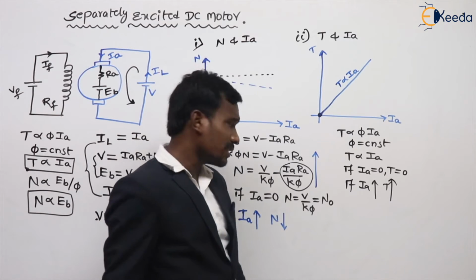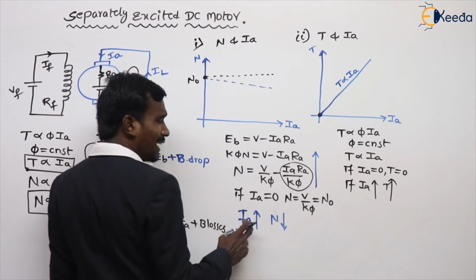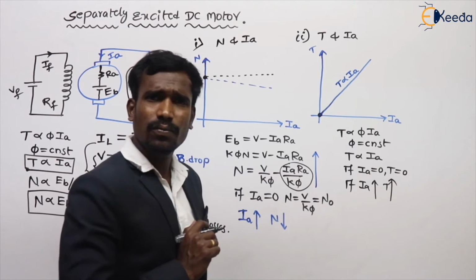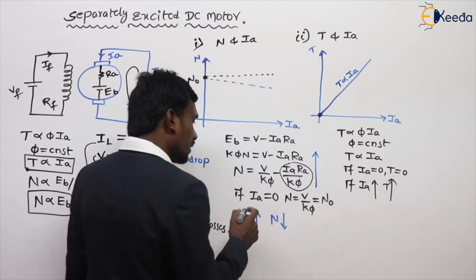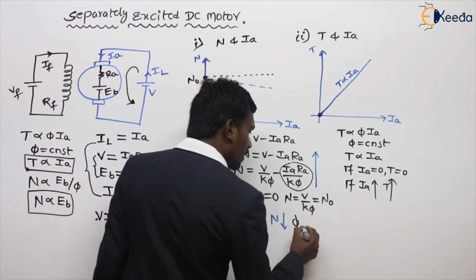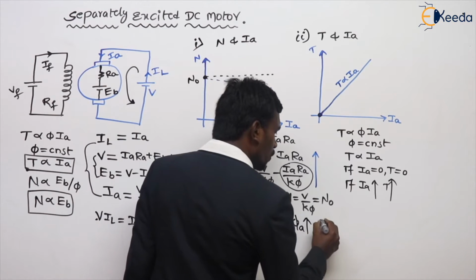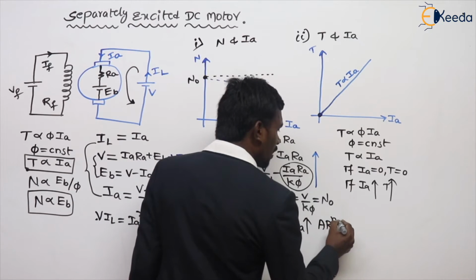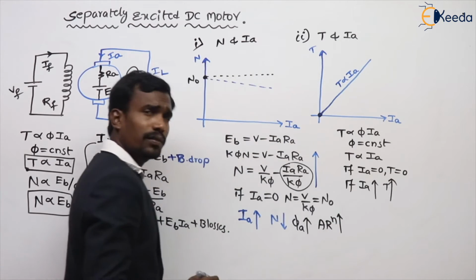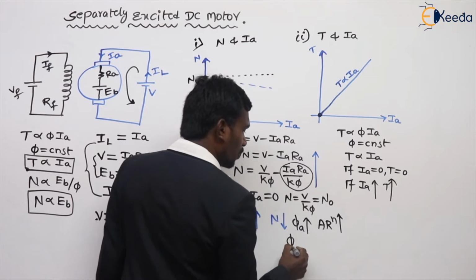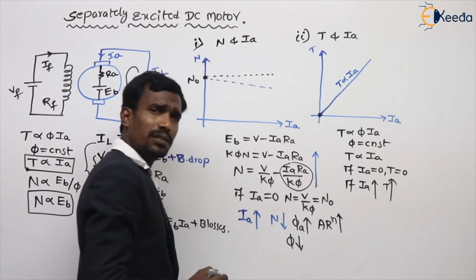But when my IA increases, of course speed reduces, but the armature flux also increases, which leads to an increase in armature reaction. If armature reaction increases, the total flux reduces.